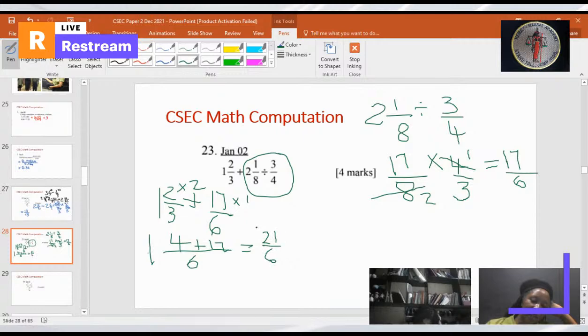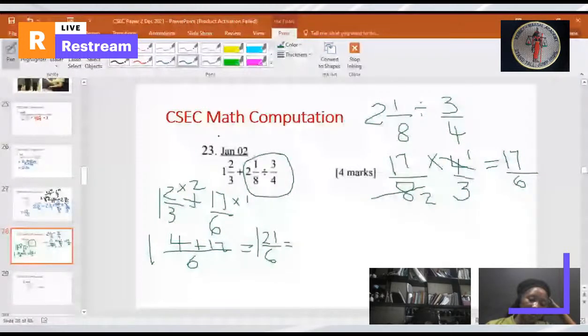So 21 over 6. 6 into 21 goes 3 times, with a remainder of 3. Wait, miss, it will be 4 and 3 over 6, that's 4.5.